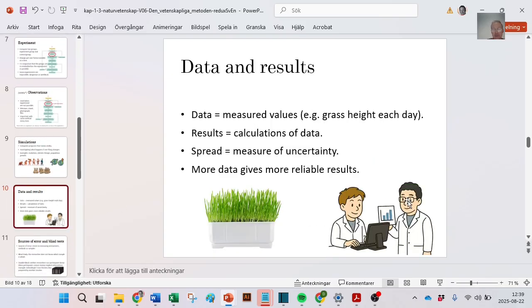Here's a couple of scientists. Of course, they gather data in the form of tables and diagrams. For example, you could measure the grass each day, and you could have the variable of how much water you give to different groups of plants to study how the supply of water contributes to the growth of this specific plant.